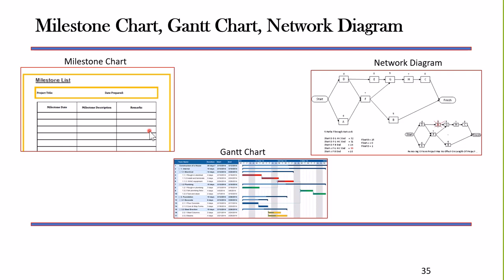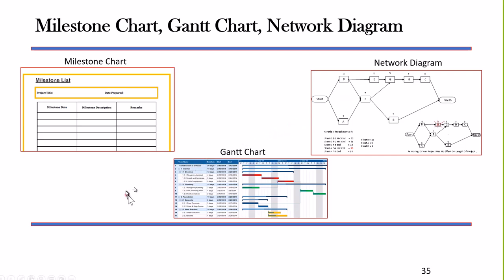We have the milestone chart. Milestones that we have to meet. We need to understand what they are. We create what we call a network diagram, and that's going to show the dependencies of the activities, when they will be completed, their relationship to each other. The project team is going to be very interested in this.